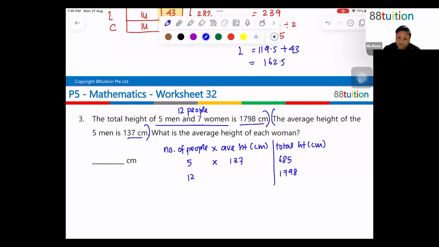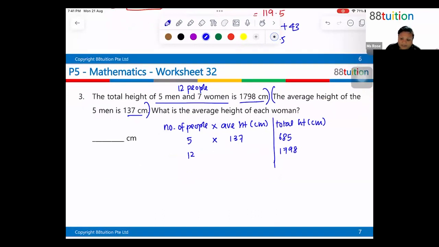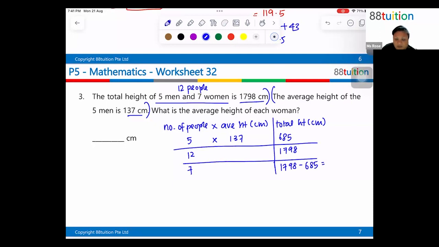You want to find the average height of the women, so that means the women will be 7. So what's the total height of the women? I take 1,798 minus 685 to give me how much?